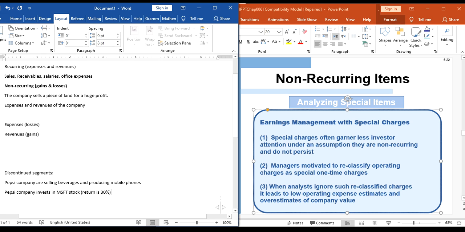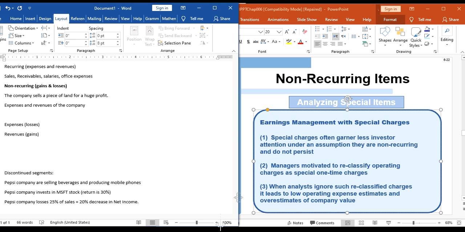The problem is, let's say, the Pepsi company loses 25% of sales, which is equivalent to a 20% decrease in net income.